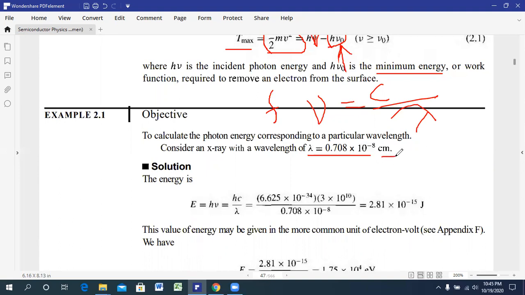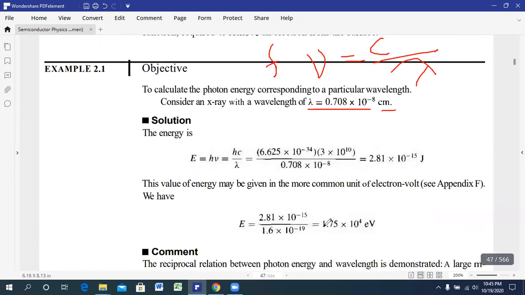Because that one is given in centimeter, we can write 10 to the power 10, or you can convert this lambda value from centimeter to meter. I think this one is easier. Whenever we calculate the photon energy, we usually express it in terms of electron volt. So how do we find the electron volt?